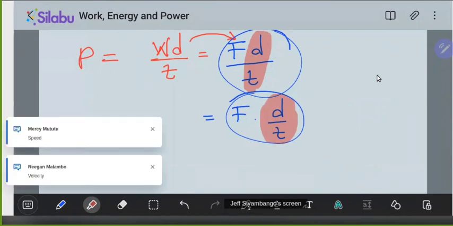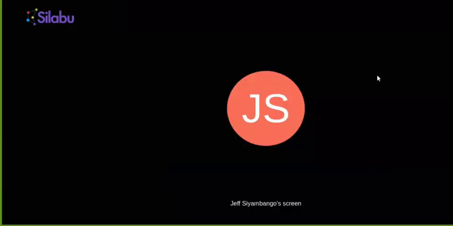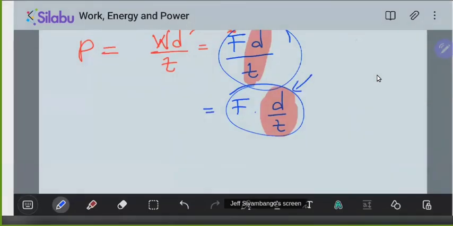Velocity. Yes, velocity. Sometimes you can say speed, but you're saying speed because you are taking d here to mean distance, and t, of course, to mean time. But this is actually velocity. Speed and velocity are used interchangeably every now and then, so it's okay to take this to be speed sometimes.